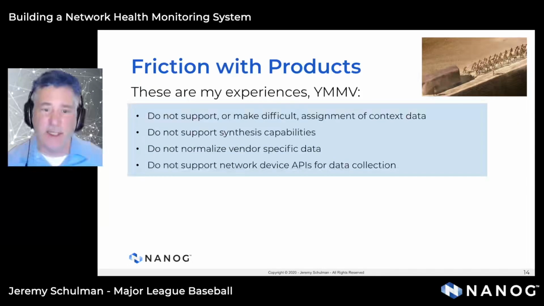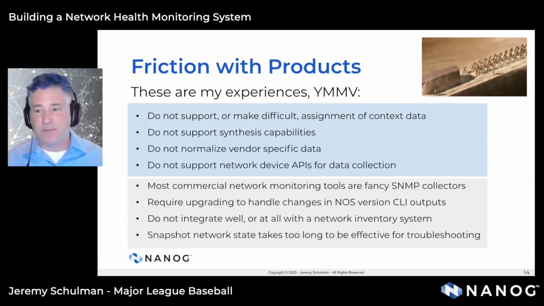They'll present the data, but they don't normalize it. A lot of products are still just SSHing into devices. They don't take advantage of APIs. As somebody who's programmed against APIs, I understand the challenges with APIs changing over time, and it makes it difficult for vendors to pull that data. But then they're dealing with SSH changes over time.